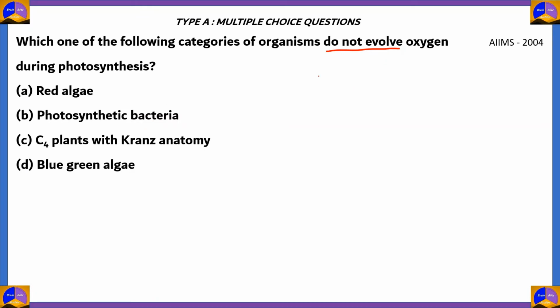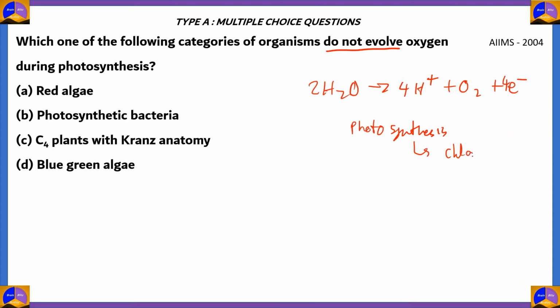Now, oxygen is evolved by the splitting of water. So that means in photosynthesis that happens in the presence of chlorophyll, the source of the electrons is water.